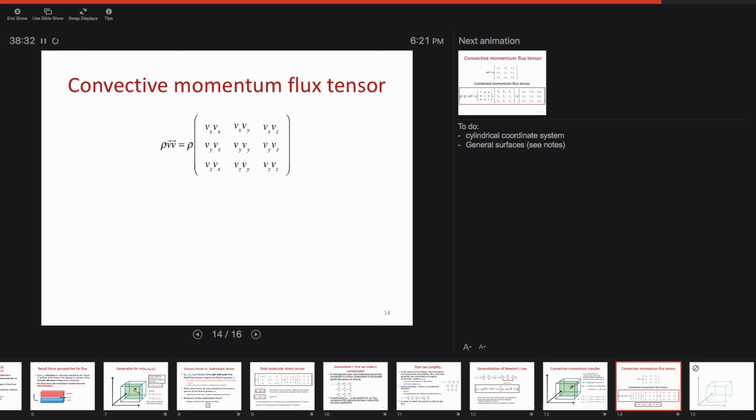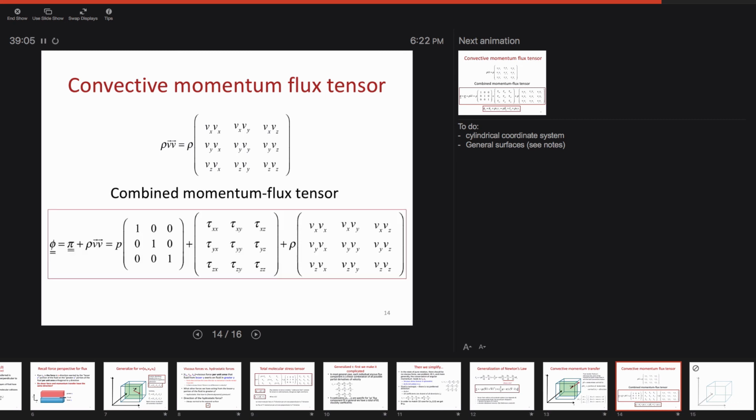When you have two vectors next to each other, it's not a dot product. It's just a tensor that has all of the combinations in the correct places. So Vx Vx, Vx Vy, Vx Vz, Vy Vx, Vy Vy, Vy Vz. And if you flip x and y, it doesn't matter because it's symmetric. So that is going to be my convective momentum flux tensor.